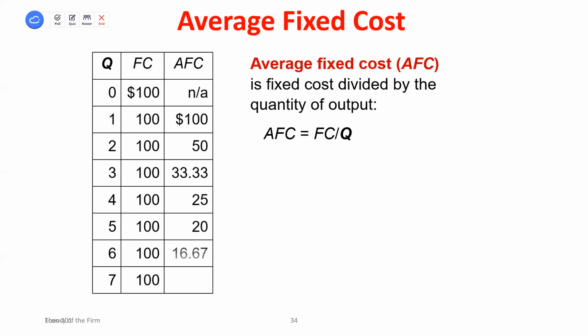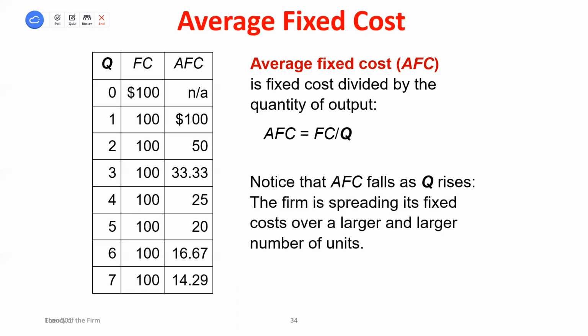So by producing more, we can decrease our average fixed costs. Like I said, it's being spread out across more units, but it's still the same amount. Same total fixed cost, just spread out over more units. So as we increase quantity, we always see that average fixed cost is declining.